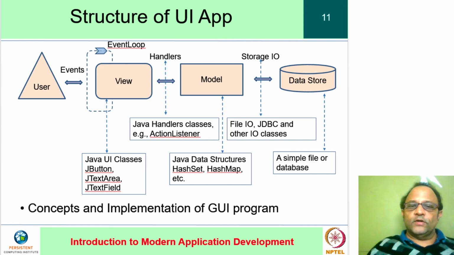The user types in something, and when the user does something, it kicks off the event loop, which then drives the action listener. This is the part where we have accepted the input. At this point, the handlers get triggered and the model gets called. This is the compute part.